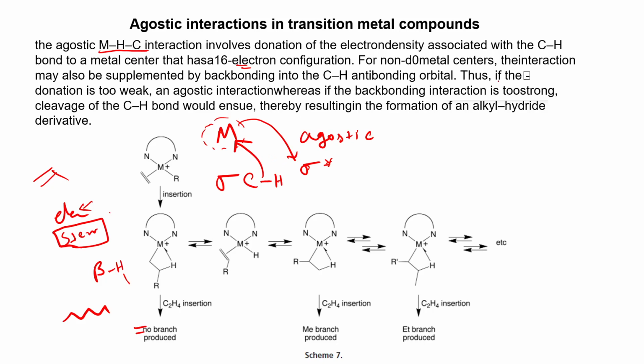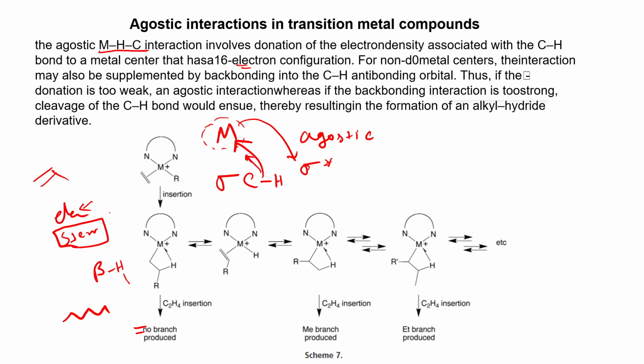Now the issue is, if that particular donation is not strong enough, then you would see no agostic effect of sigma to metal donation.